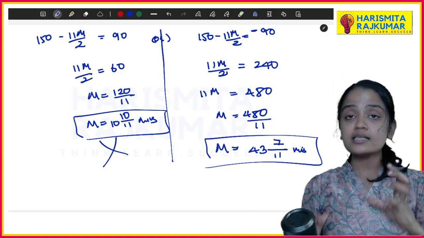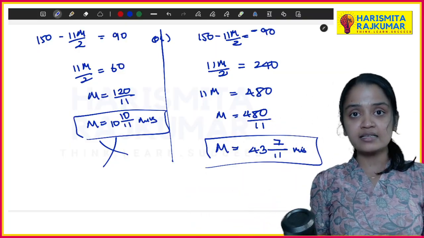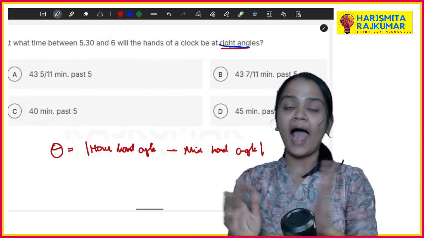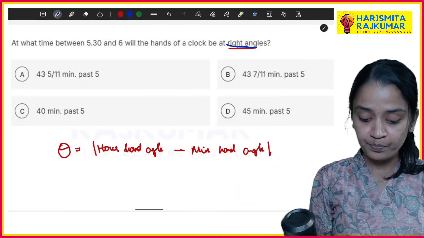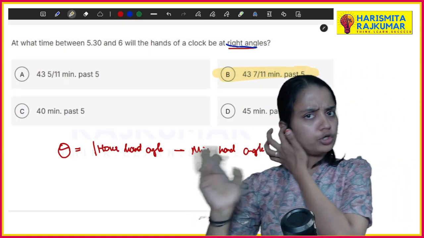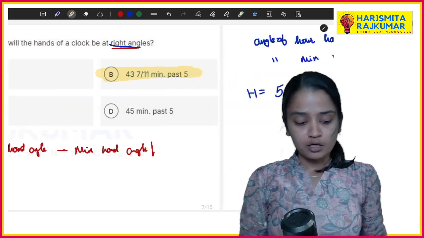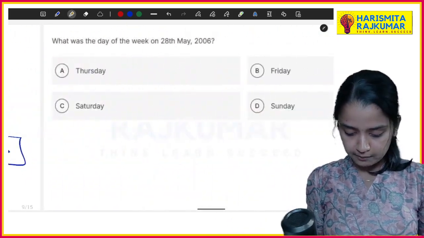Okay. So this is the time between 5:30 and 6 where the angle between them is 90 degrees. So your answer is option B. Again, I told you, in minutes itself, it is past 5, after 5. Okay. Now let's go to the next one.